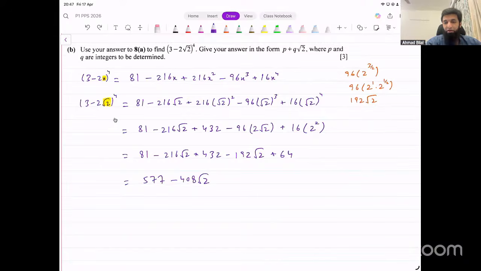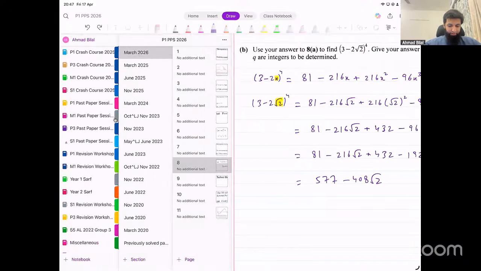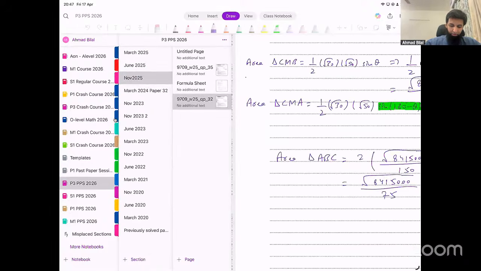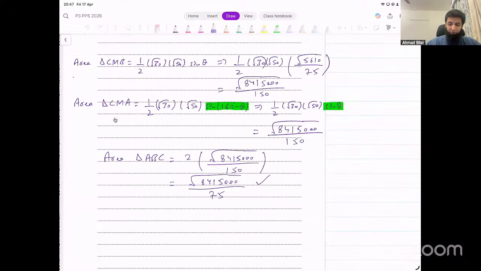It's happening a lot in recent P3 papers as well. One of the questions that we were doing just yesterday had that awful expression that we ended up spending quite some time on, in an extremely complicated paper with a threshold of 45 out of 75 for an A. We had too many square roots there, right?